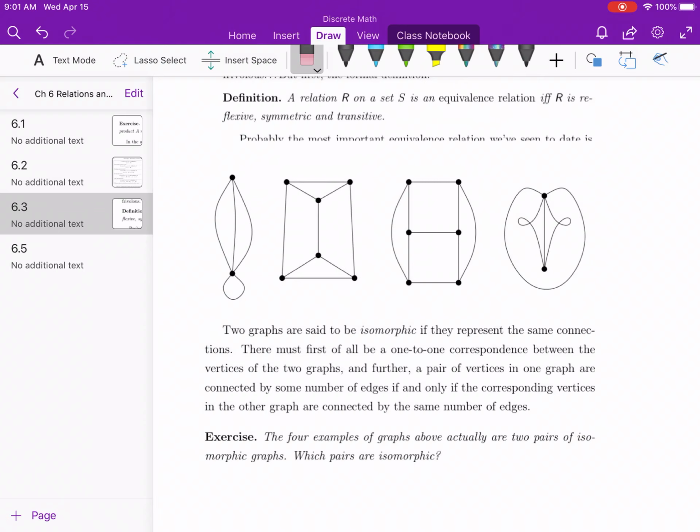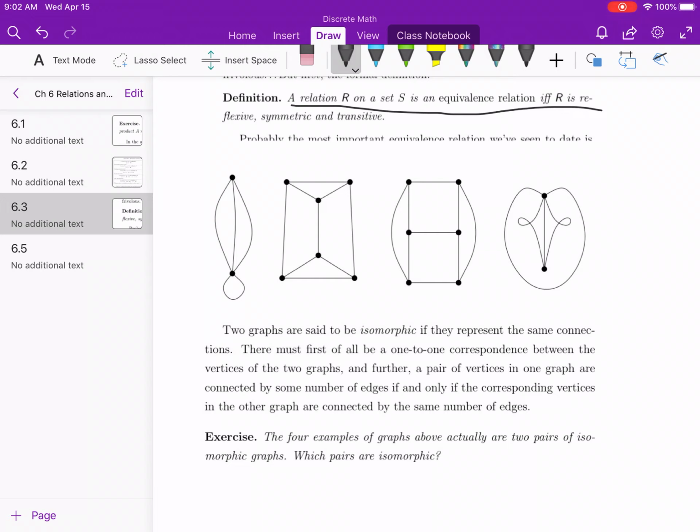Okay, let's get into stuff for 6.3. 6.3 is about equivalence relations, and equivalence relations are very, very important in mathematics. So what I'd like to do is look at this definition, and in the book they actually talk about the equivalence mod some number.